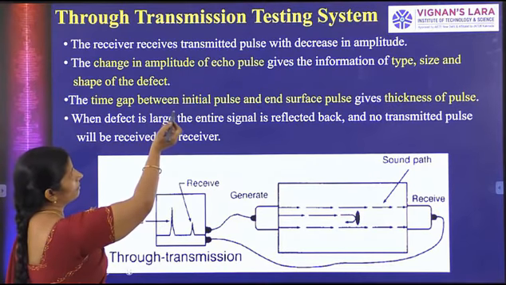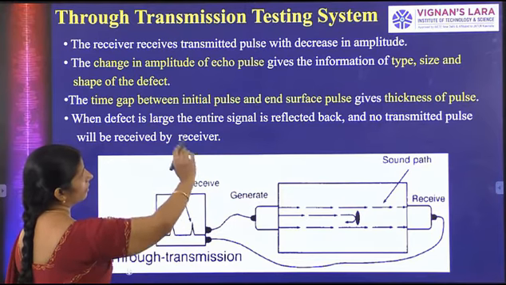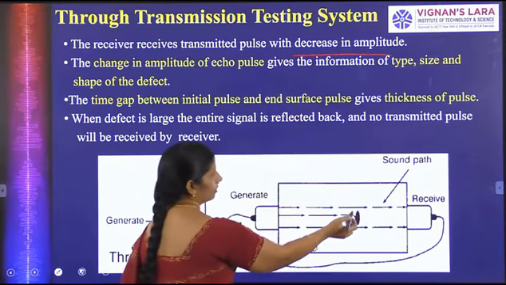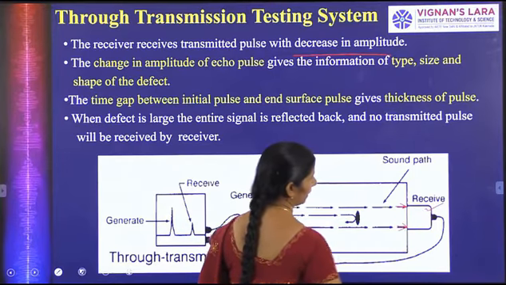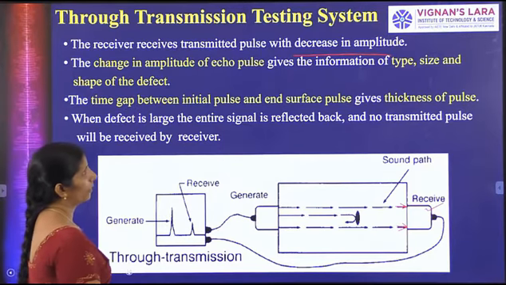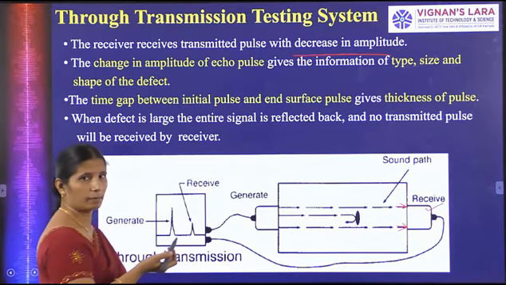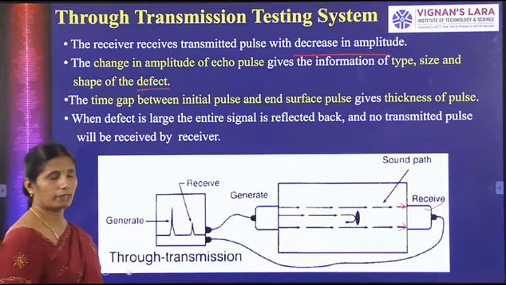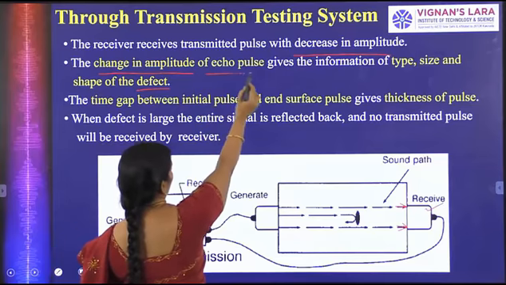The second transducer, which is the receiver, receives the transmitted pulse with decreasing amplitude. The change in amplitude of the echo pulse gives the information about the type of the defect, its shape and its size. We can determine this using the changing amplitude of the echo pulses.